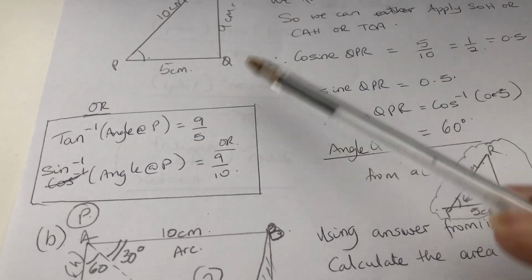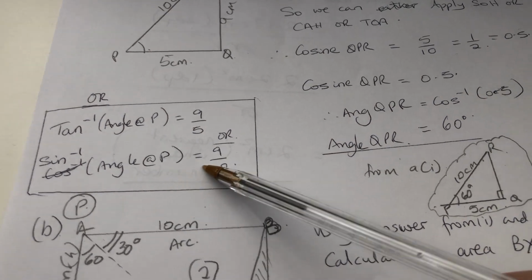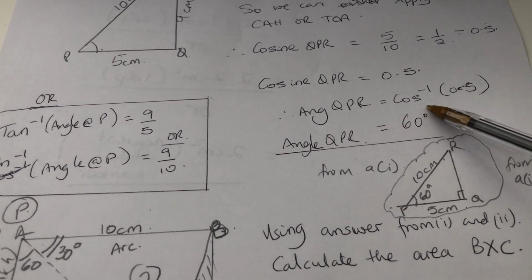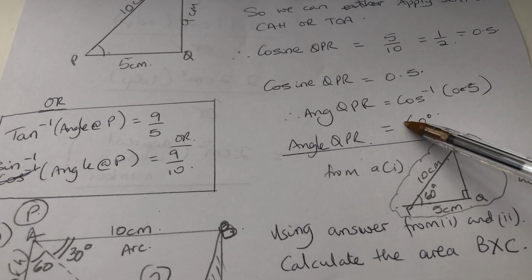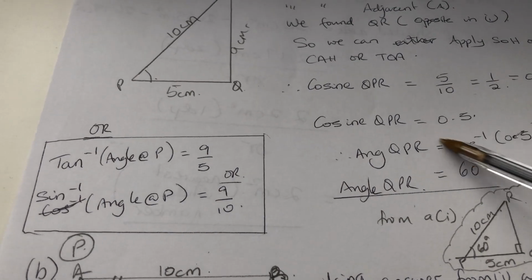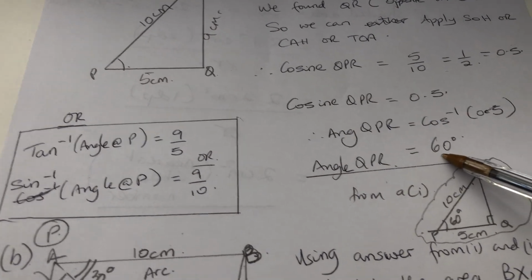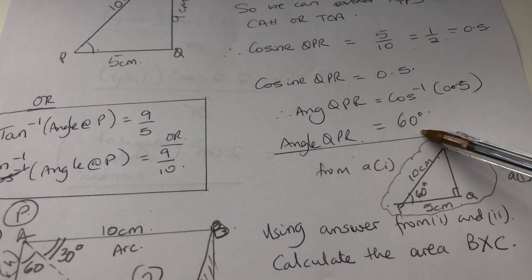So you can use the tan inverse or the sine inverse. They will give you answers close to 60 degrees. But because they've given me these figures, I want to use their figures to give me accurate figures as much as possible.